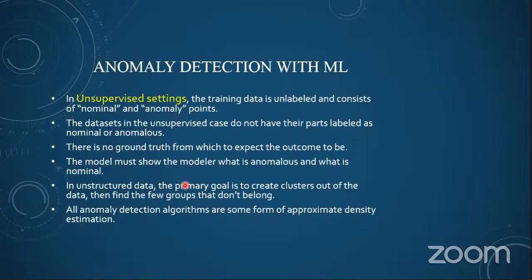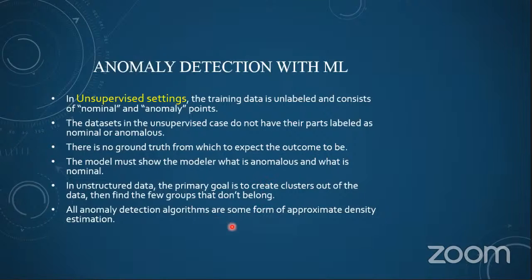Okay, so it will create some clusters or groups of data using this unsupervised setting. As I said, the data between 10.8 and 11.2 is nominal, but any data apart from that is anomalous. So it will create clusters like that, and the machine learning algorithm will show what is anomalous as well as what is nominal.